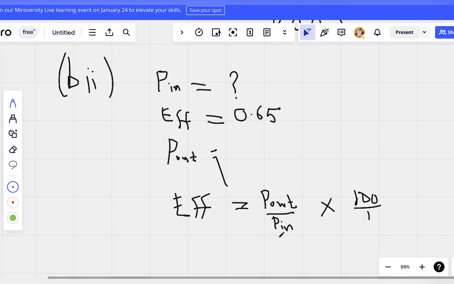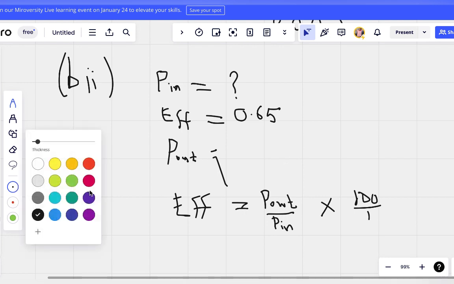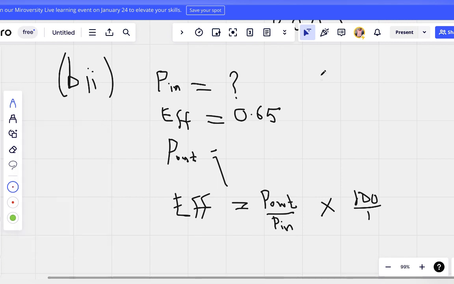So before we do this, like we said, we have to calculate the output power. The output power, P out, is our energy that we've calculated. The gravitational potential energy is equal to energy over time.